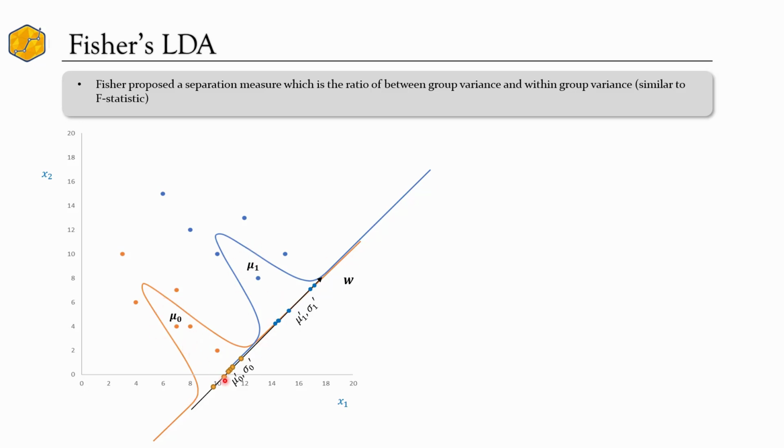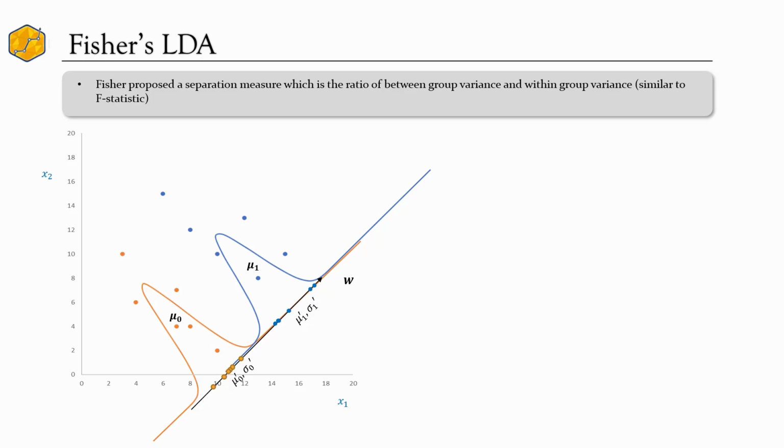How do you calculate the shadow or the projection? Using the projection formula, of course. So it's the dot product of mu0 on W. That is simply the mu0 vector dot W hat. And the projection mu1 dash here will be the dot product of mu1 dot W hat.